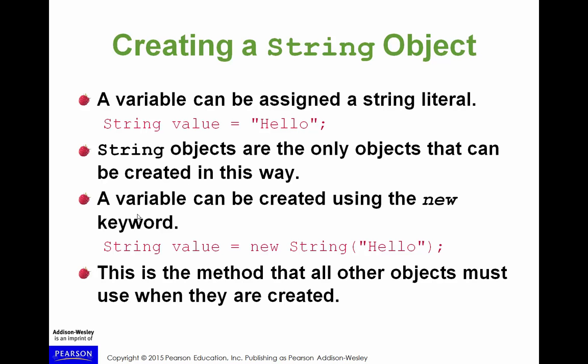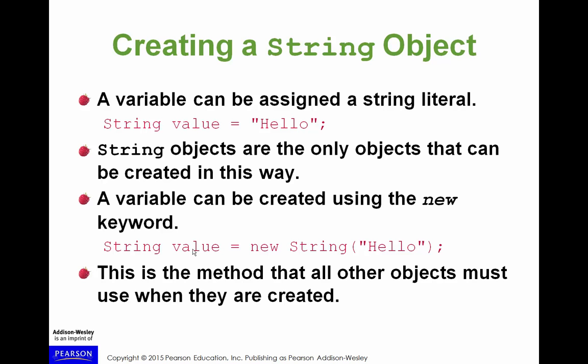So there are actually multiple ways to create a string because strings are objects. We've got the convenient way to create strings that is just like primitives are created. Java allows us to do that even though strings are objects. Or we can create it like we create other objects.